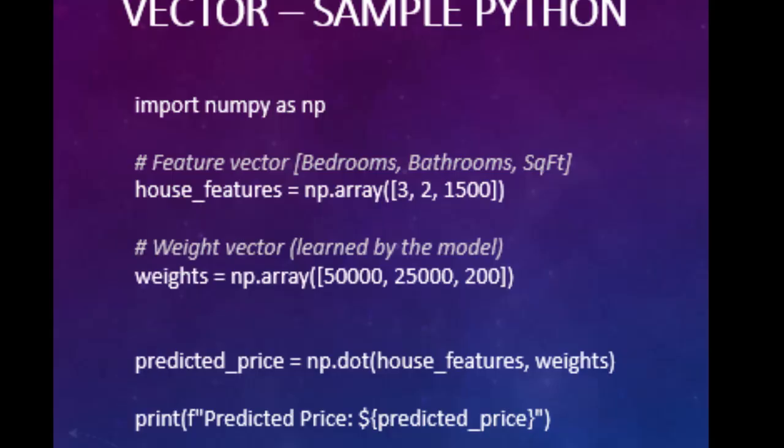It uses a feature vector, which is the house details, and a weight vector, which is how important each detail is. So the weight vector is telling us how important each of those details is. Then a dot product, which is a math operation that combines them.